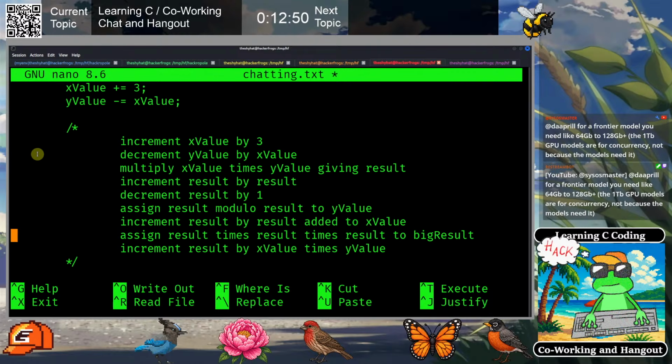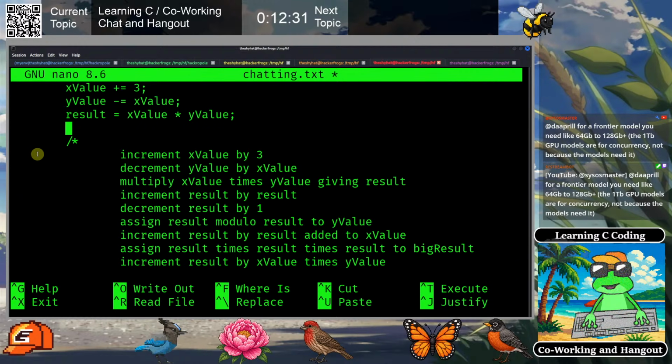And then they want us to multiply X value times Y value giving result. Result equals X value times Y value. Okay, and then increment result by result.